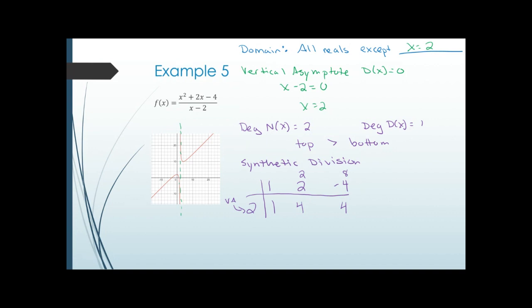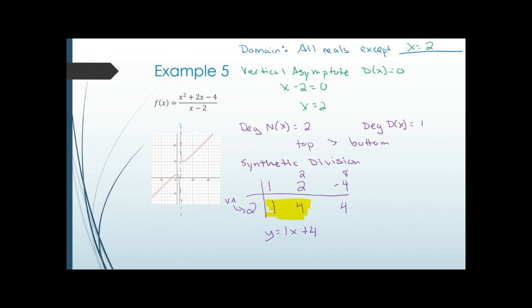So now our asymptote here comes from everything but the remainder. You ignore the remainder to find your asymptote, and this is the slant asymptote. And this is going to be y equals mx plus b. So we're going to get y equals 1x plus 4.